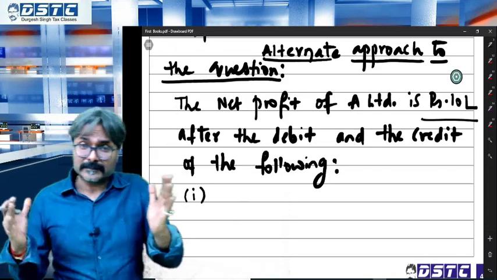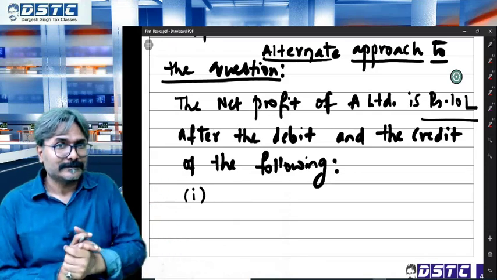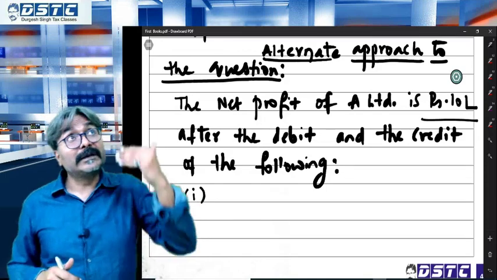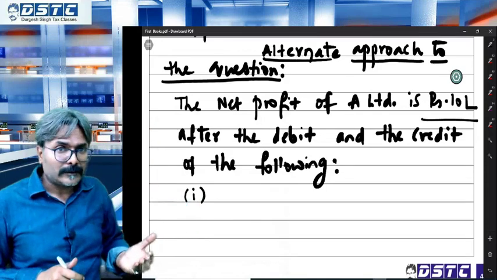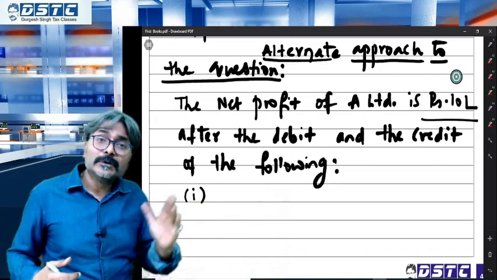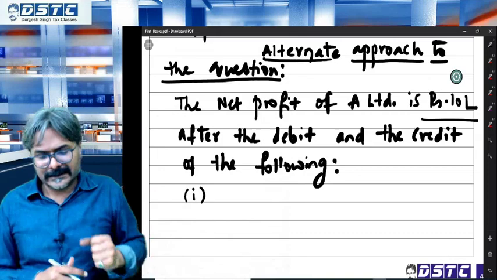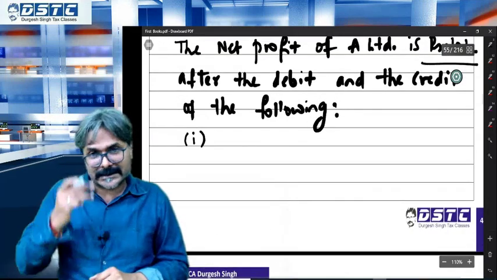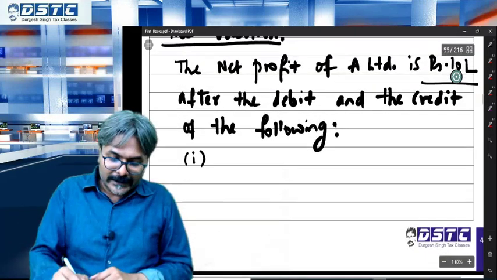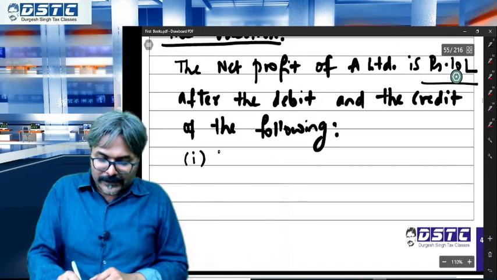That way they save a lot of space. Otherwise, one entire page will go only to give you the P&L, then additional information, then total income. This becomes very dicey. So what they will give you is like this: after debit and credit of the following.